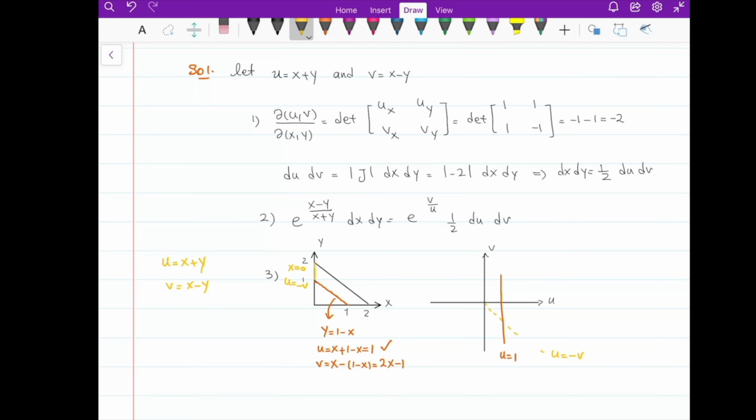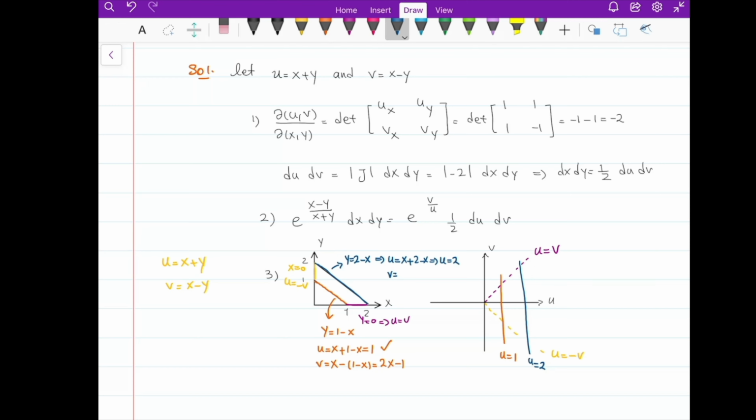Then I have this line in here, which is y equals 0. When y is equal to 0, u and v are equal to each other. So I have u equals v, and the last one is this one. The equation of that is y equals 2 minus x. So u is x plus 2 minus x, so u is equal to 2, which is this line. This is u equals 2.